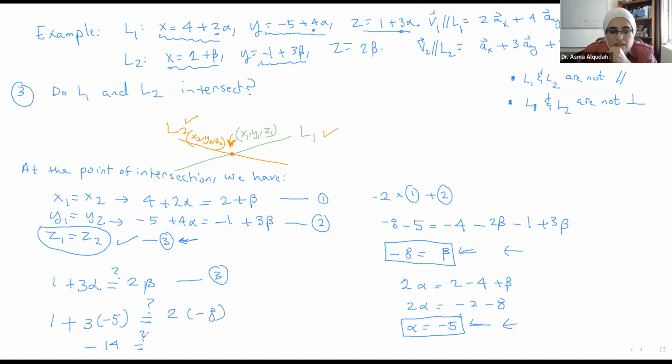Is minus 14 equal to minus 16? No. Then equation number 3 is not satisfied, and this means that the two lines do not intersect. There's no common point between the two lines. So our assumption that there is a point satisfying the equations of both L1 and L2 is not correct.